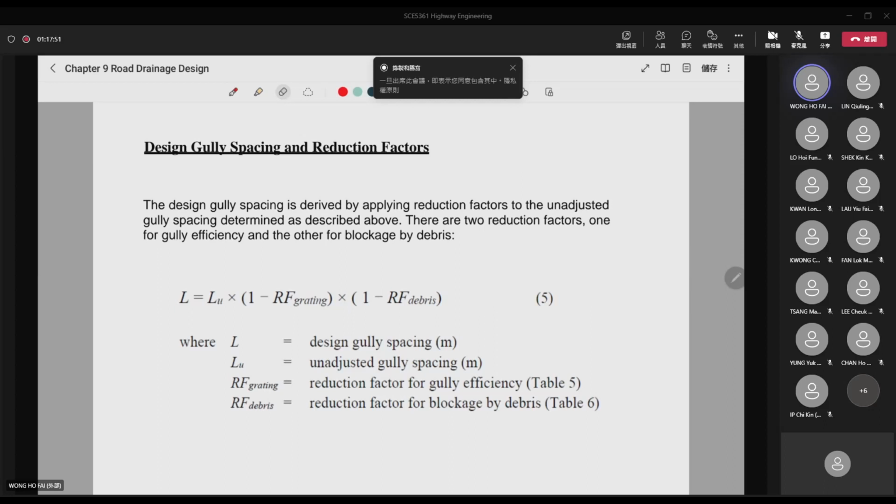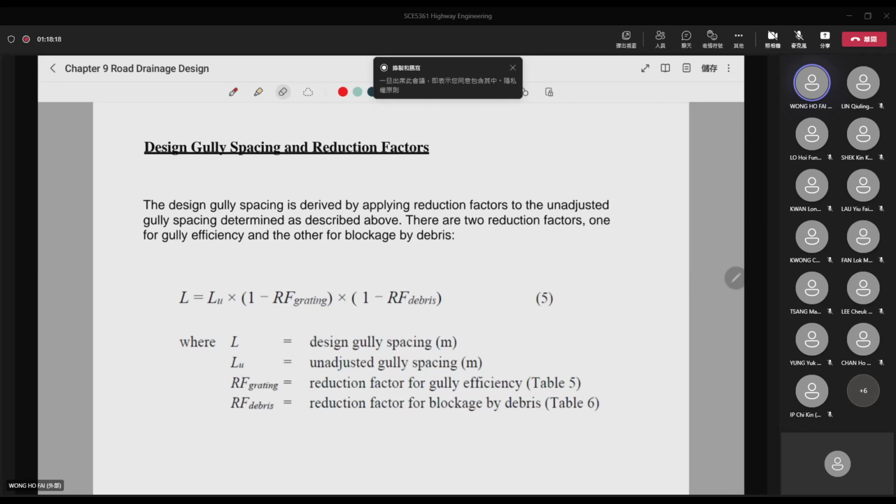If you block your gully, then your drainage is not so effective. In that case, you need to reduce the spacing of the gullies. Because when some rubbish blocks your gully, it is not effective, so of course you need to put them closer in order to collect your rainfall. Do you agree?